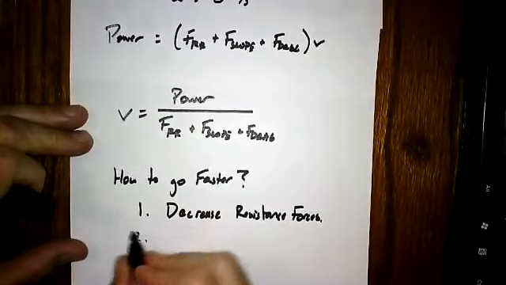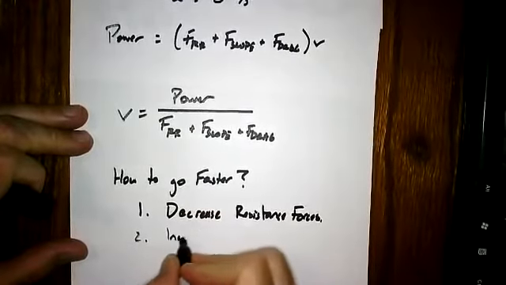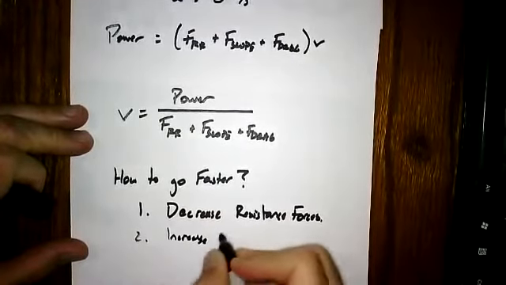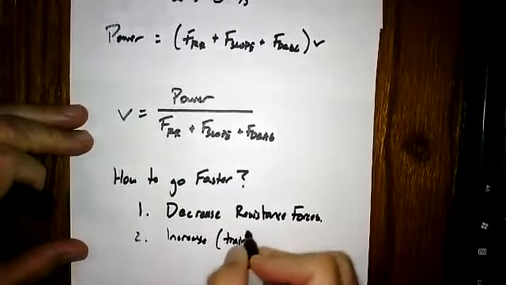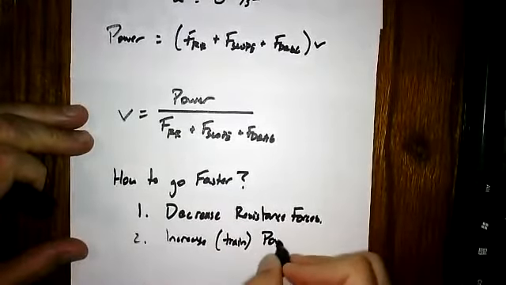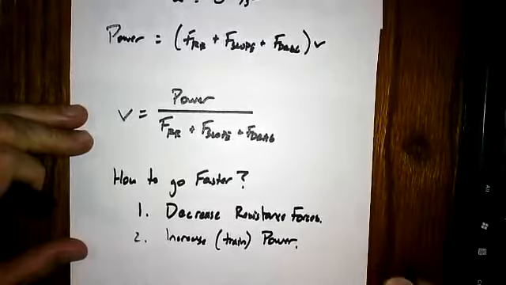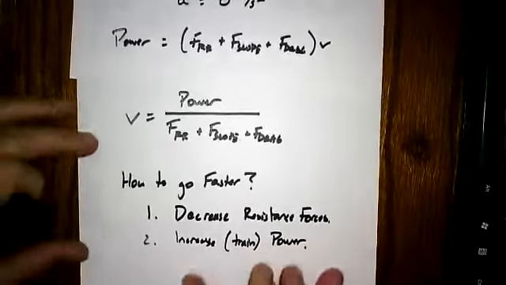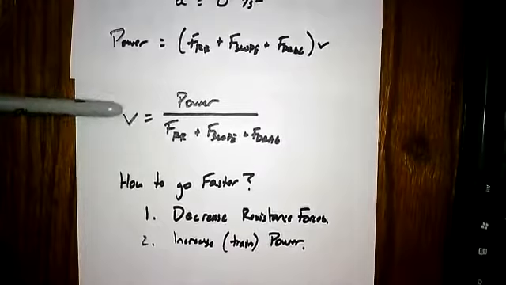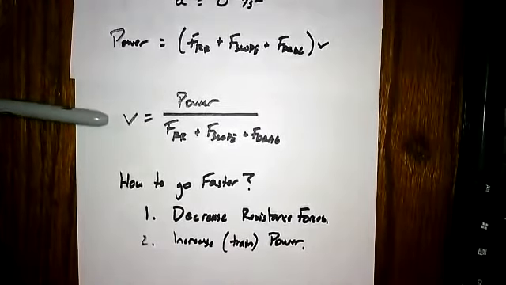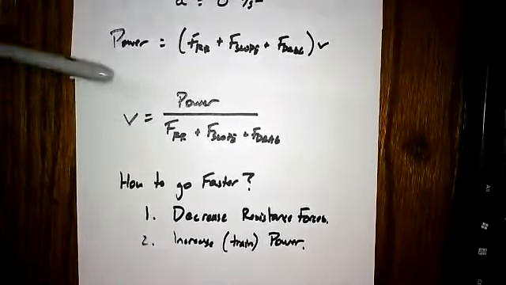Two, how to go faster? Increase, train power. Remember, the power is what the cyclist is doing. So thinking like a biomechanist, you always want to come up with an equation to answer a question. How do I go faster as a cyclist?